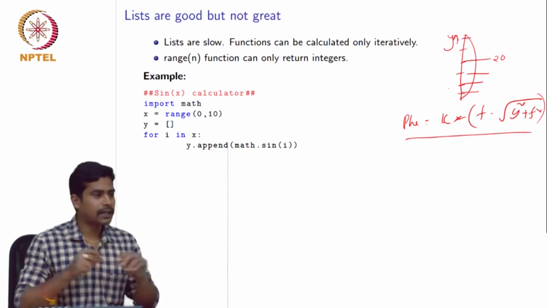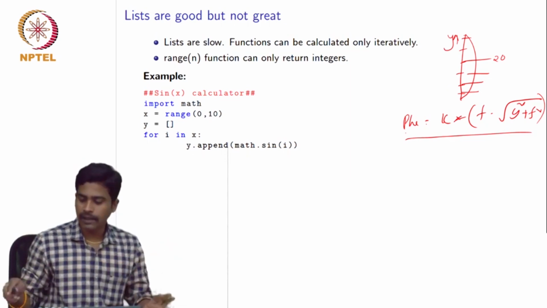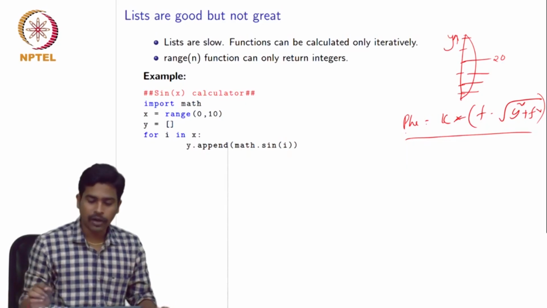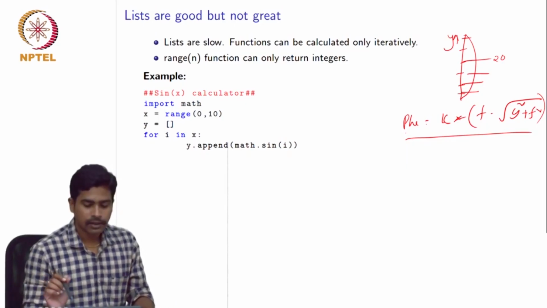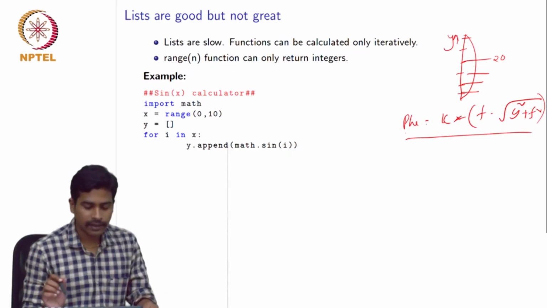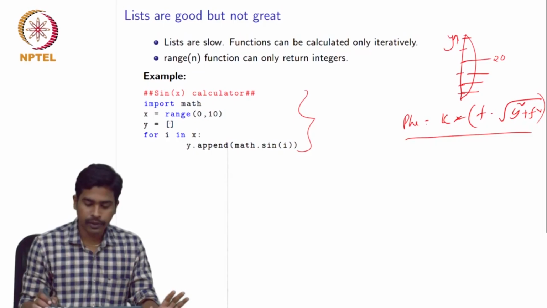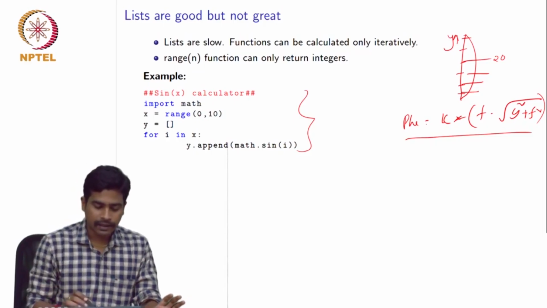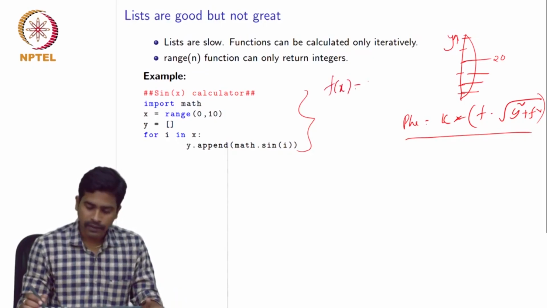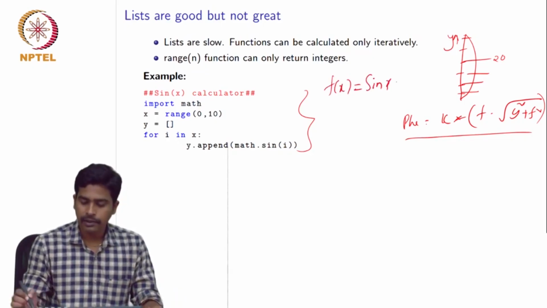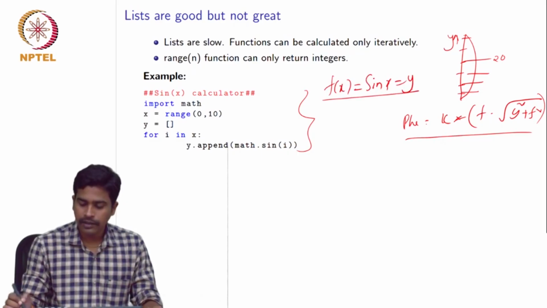So in order to calculate this equation in one go, there is something called numpy in Python. I'll just show you a brief example here. In the previous case, if you want to calculate, for example, a function f of x equals sin x, this is y.